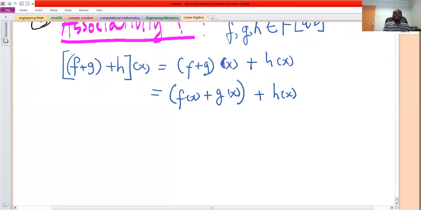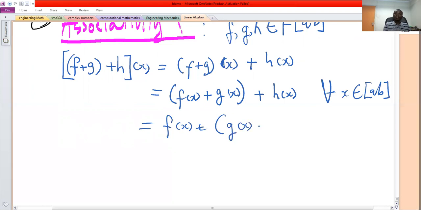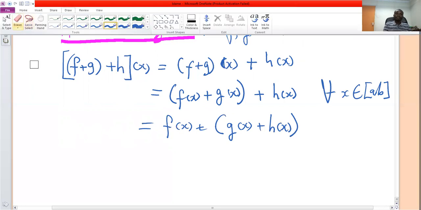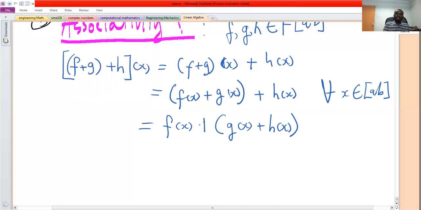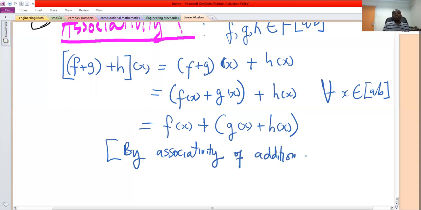But then, because these are real numbers, and remember this is for all x in the closed interval AB, we can switch the places for brackets and then say f of x plus g of x plus h of x, and this is because by associativity of addition on the field F, just remember the field of real numbers.